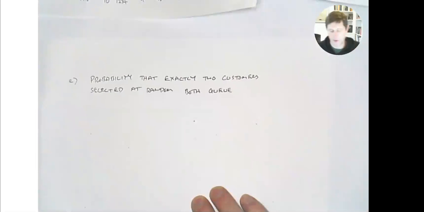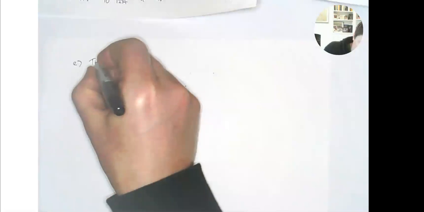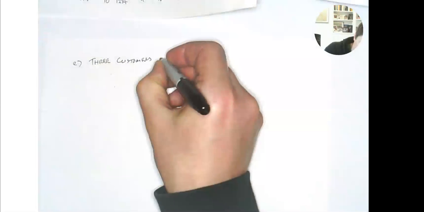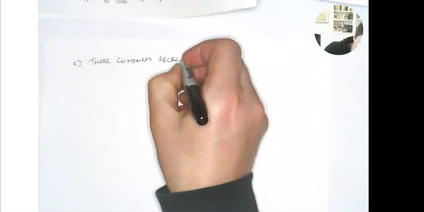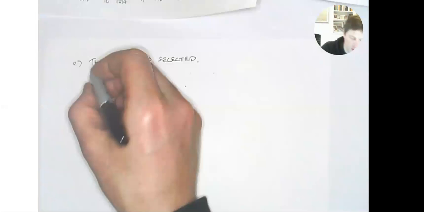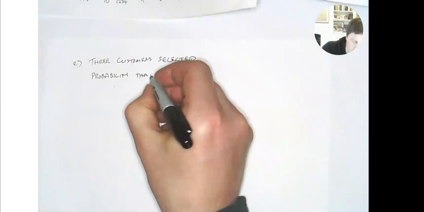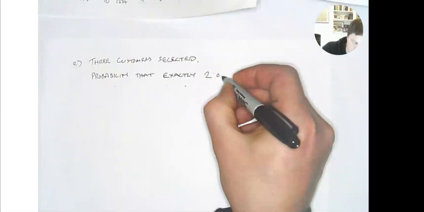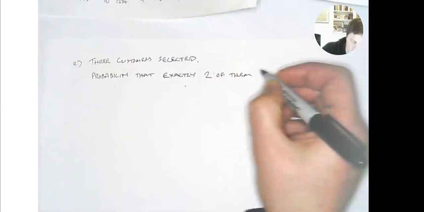I'll just redo that. So I'll make it clearer. So 3 customers are selected. So 3 are selected at random. What's the probability that exactly 2 of them queued for longer than 3 minutes?